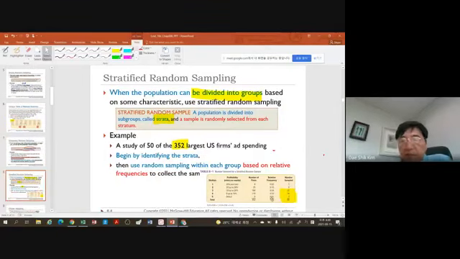Stratified: you need to study the whole population's relative frequency, and based on the relative frequency, you divide the sample size among the strata, how many samples will be selected from each stratum. When you select samples from each stratum, you need to use simple random sampling again.